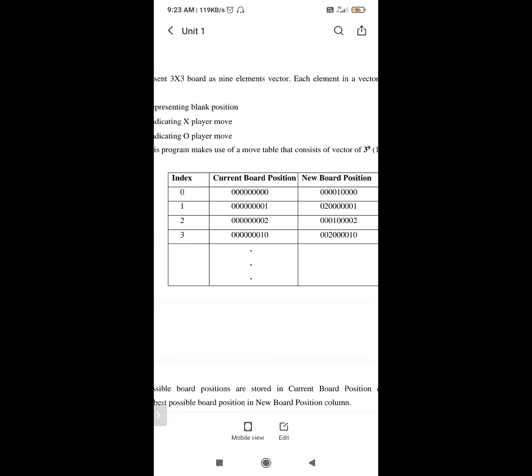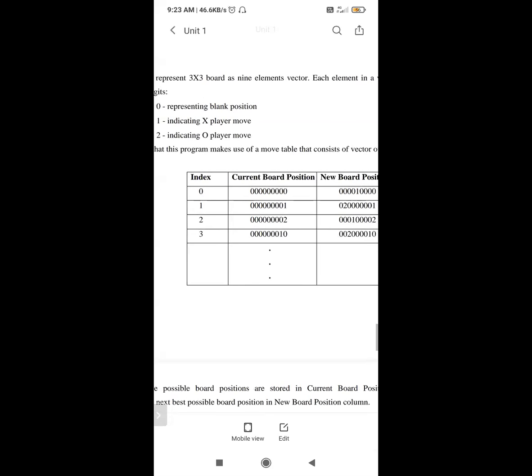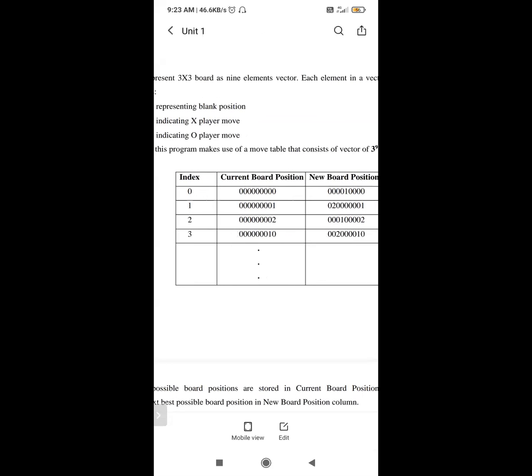Okay. Next one. After that, this particular board position should be converted to its corresponding decimal number. Okay. So 1.